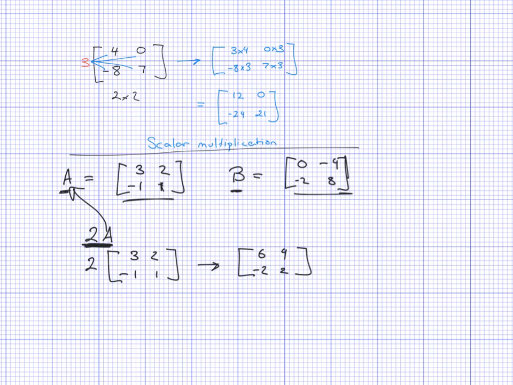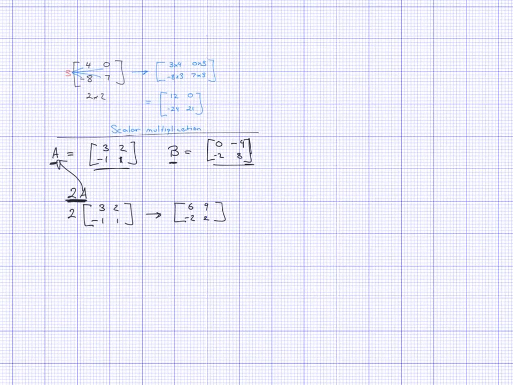Another type of question uses these two matrices and wants you to find the matrix X. We can work out using inverse operations how to find X. We don't know what X is because it's not one of the two matrices we've been given, but we do know what B is.